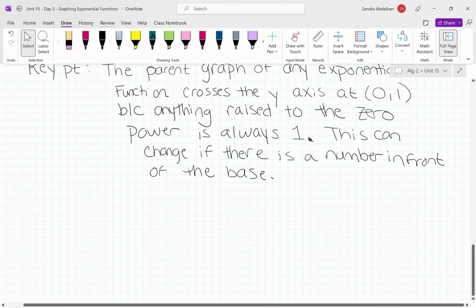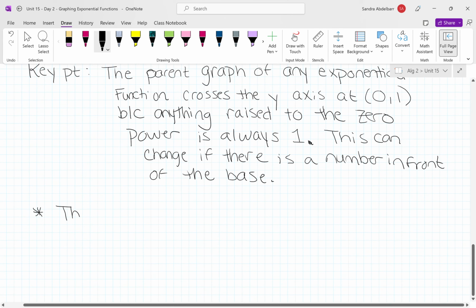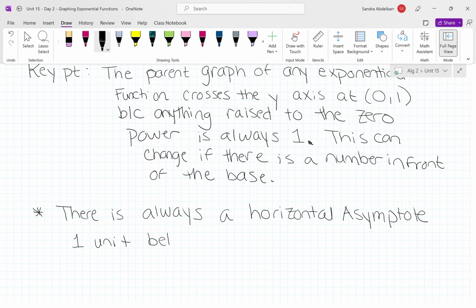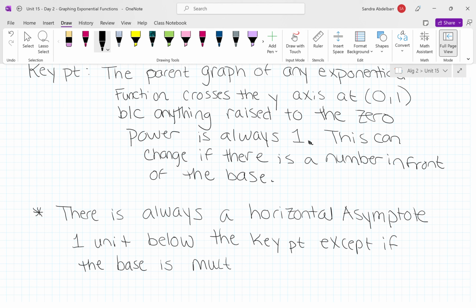All right, something else we should know. There is always a horizontal asymptote one unit below the key point, except if there is a number in front of the base.